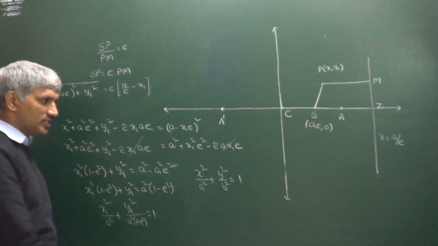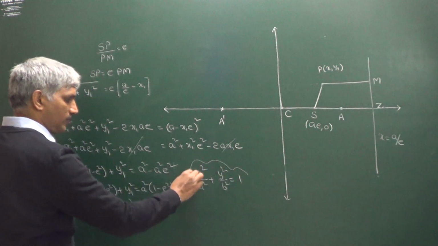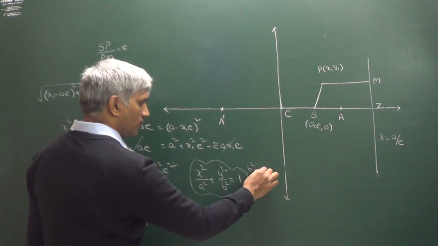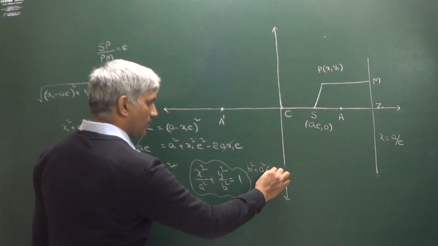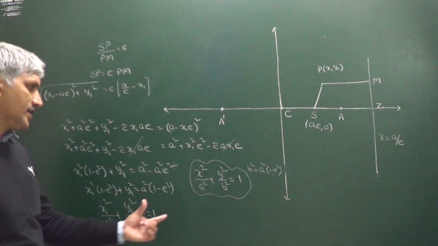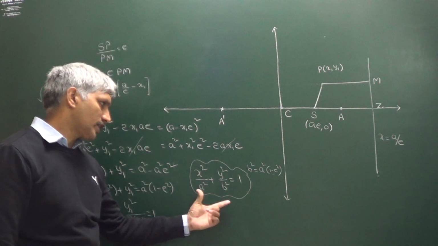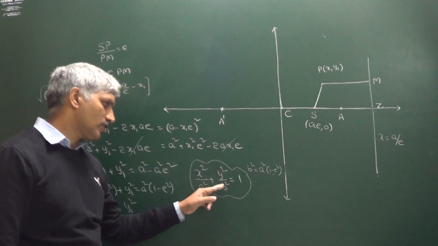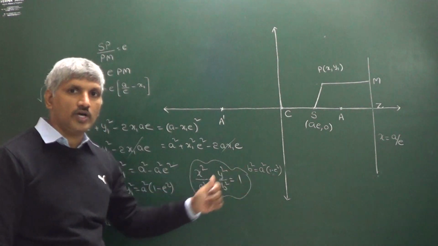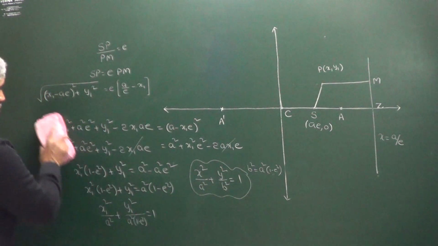So that is the standard equation of an ellipse. Here we got the condition as b square is equal to a square into 1 minus e square. Right? So the standard equation of an ellipse is x square by a square plus y square by b square is equal to 1, where b square is equal to a square into 1 minus e square.